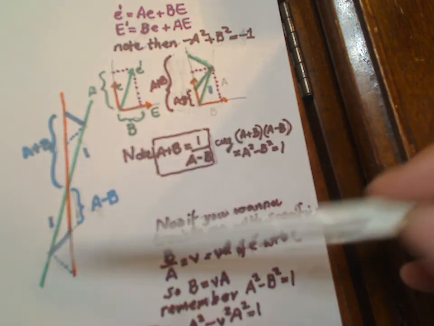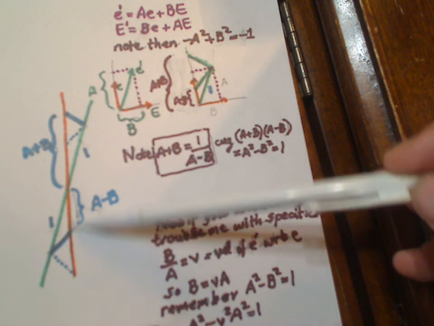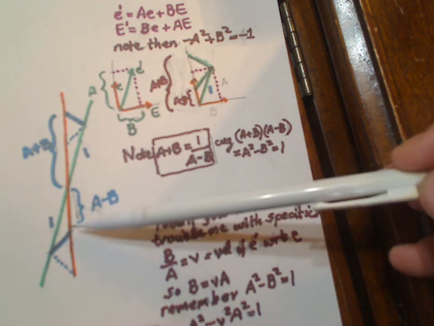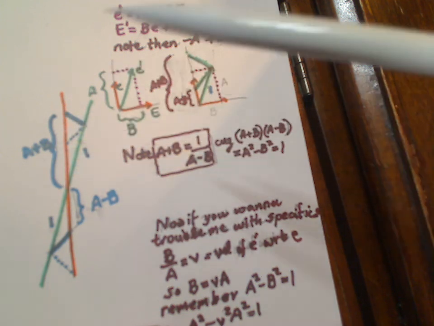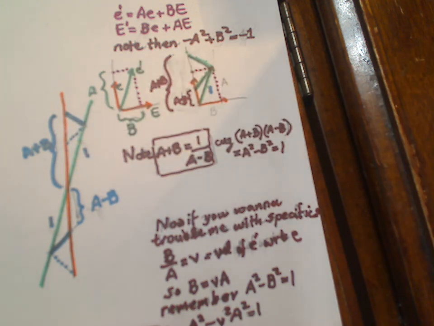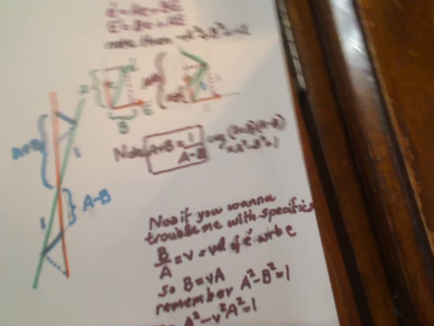So notice that as it's coming towards him, the time interval is shorter, so that's going to be a blue shift. As he's headed away, the time interval is longer, so that's going to be a red shift. Okay. And that's basically the story.